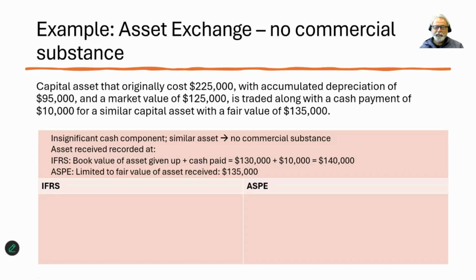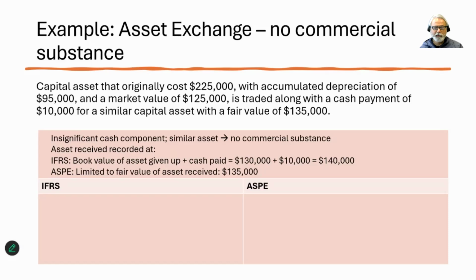Under ASPE, the new asset received should be recorded at book value of the asset given up plus the cash paid, but the maximum, the ceiling, is the fair value of the asset received. So under ASPE, you would first calculate 130,000 book value of the asset given up plus the cash paid of 10,000.